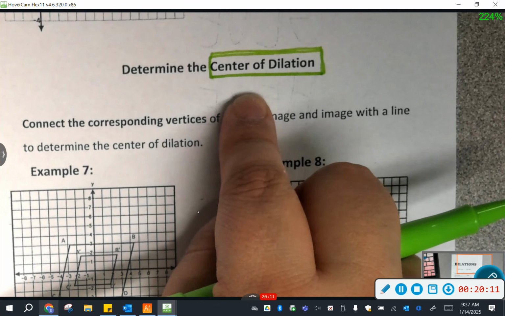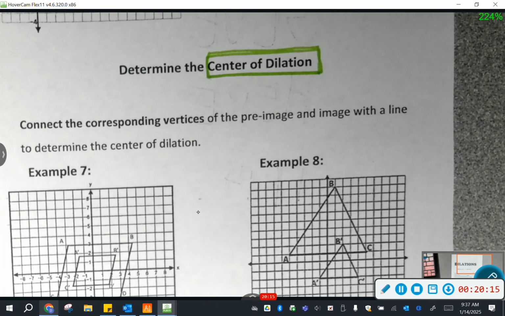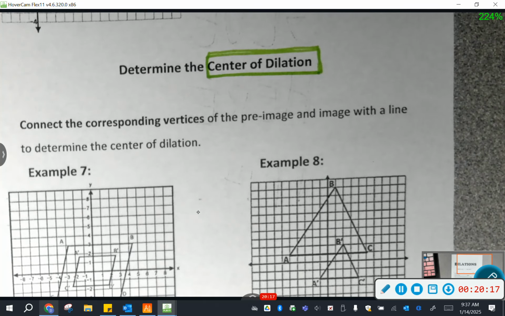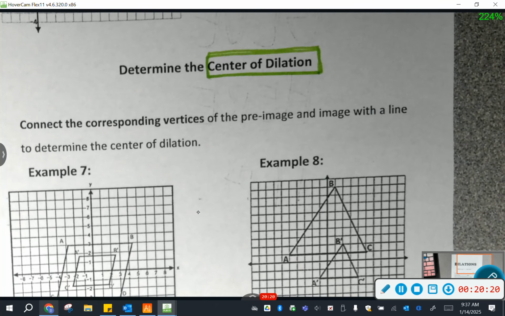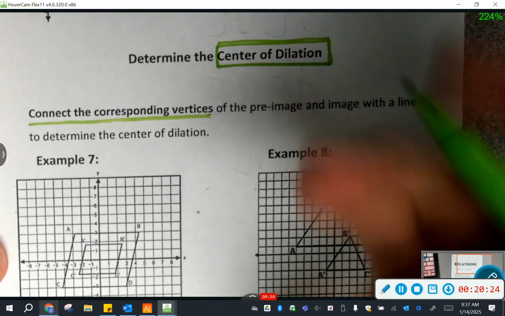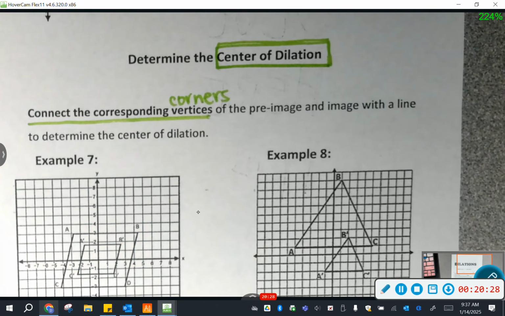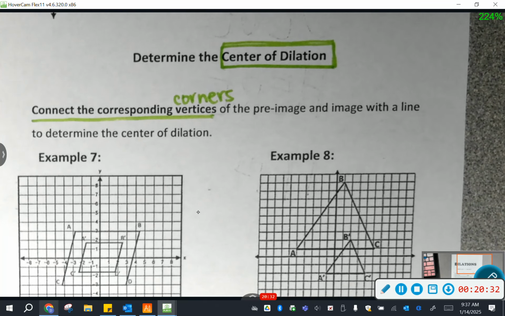If you see the words find the center of dilation, you are going to be using your badge, this protractor, a ruler, and you are going to be connecting corresponding vertices, which basically means connect the corners. And whenever you connect the corners, they should all go through 1 point.